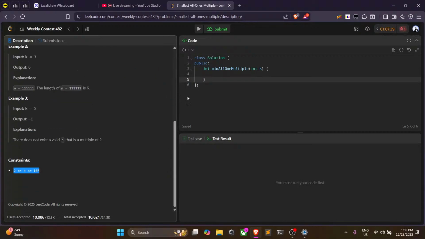Isn't it just a brute force? Like find all numbers in this range. So k is from 2, right? If it should be divisible by k, then k is from 2, so this number should be from 11 to dot dot dot. It should be till this much only, right?